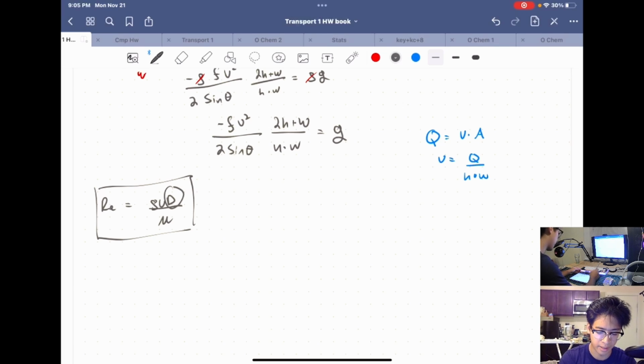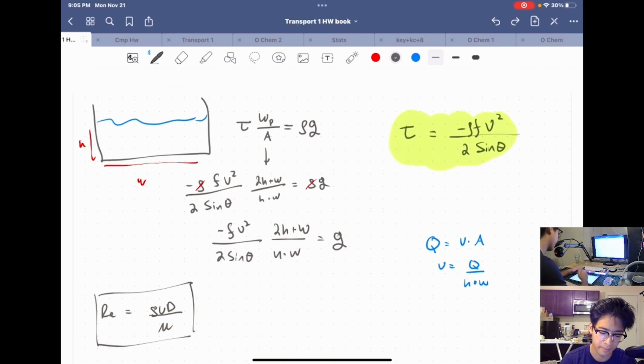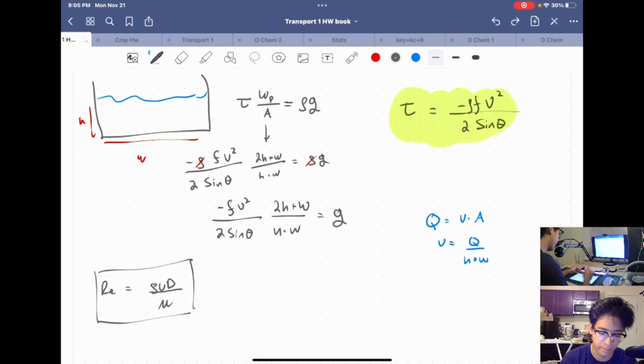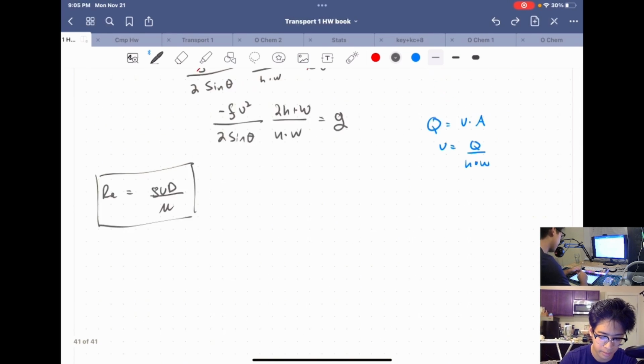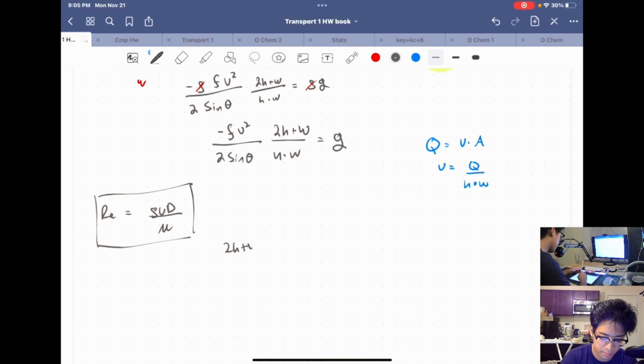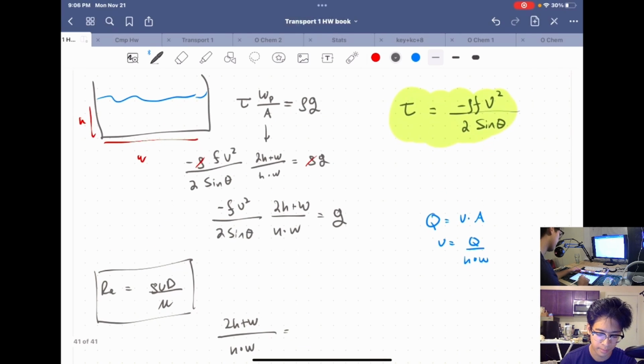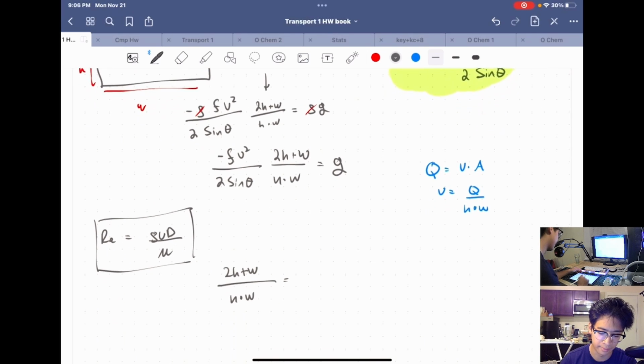So we are going to need some effective diameter. How are we going to find it? We're going to use this wetted perimeter over area idea. So the wetted perimeter over area, we have 2h plus w over h times w, is equal to the wetted perimeter over cross-sectional area of a circle in terms of diameter.